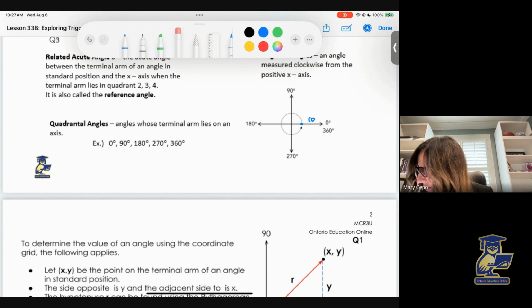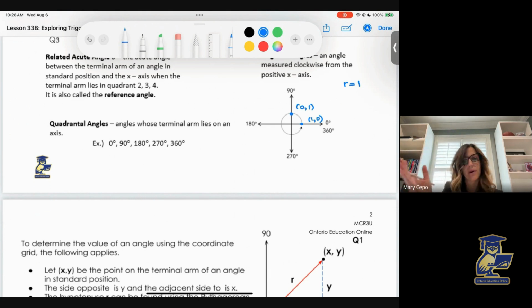So at (0, 0), we also want to indicate that the radius in this case is always 1. If the radius of the circle is always 1, as we take that terminal arm to the different quadrants, if we land on the 90-degree angle, we know in this case x is 0 and then y would be 1.